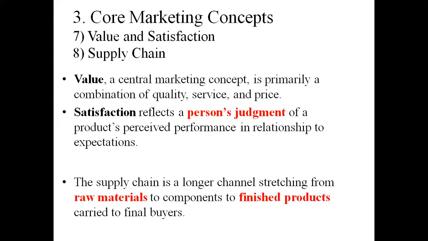Remember, the marketing intermediary is a forward concept, meaning from manufacturer to the customers. But when we are talking about supply chain, it is a combination of raw material, backward to forward, like from the raw material to the components to the finished product.